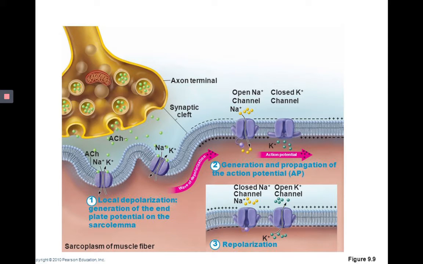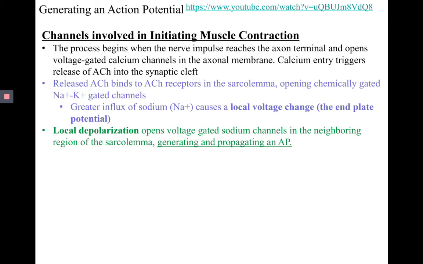So the creation of an end-plate potential is a local depolarization caused by the influx of sodium, which is possible because acetylcholine bound to its receptor in the junctional folds of the sarcolemma. The next step after the local depolarization has opened voltage-gated channels and the sodium has moved into the cell, causing a local voltage change, is the generation and propagation of an action potential.